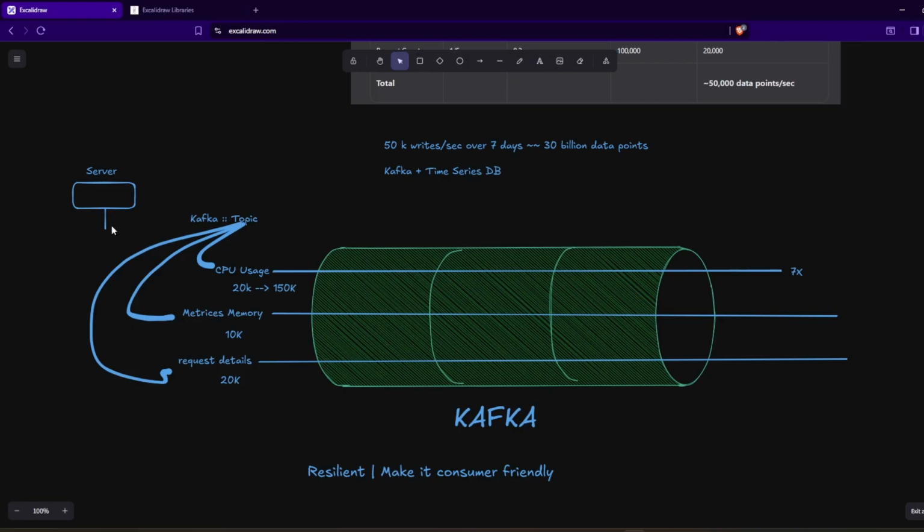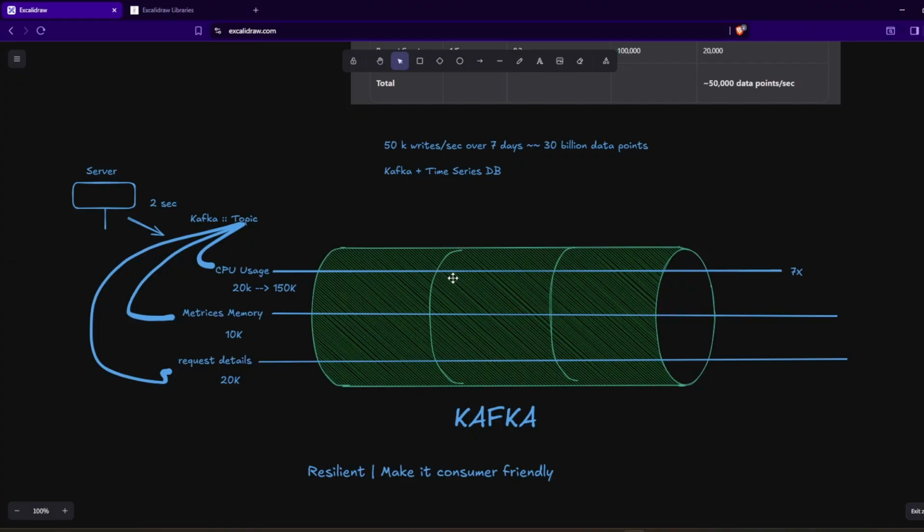Now what would happen is the server generally batches the data before sending it, maybe it batches 5 seconds of data and sends it, or a 2 second batch. Now if it becomes really heavy in terms of payload, then how will our consumer be able to consume it so fast?